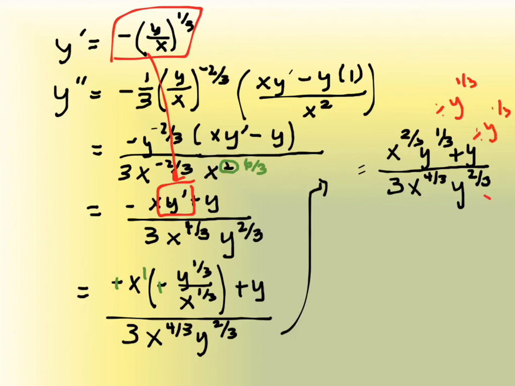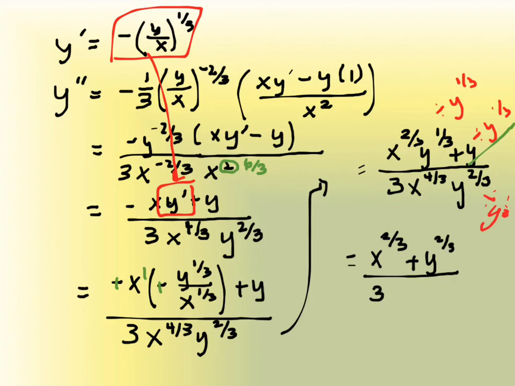Now, dividing by y to the 1/3 is equivalent to subtracting that exponent of 1/3, because that's a property of exponents. So the x to the 2/3 stays. Now I have a y to the 1/3 divided by y to the 1/3, so that piece is gone. It's equal to the number 1, so that's not going to be there anymore. I had a y divided by the y to the 1/3. So what will this piece over here be? That'll be y to the 2/3.